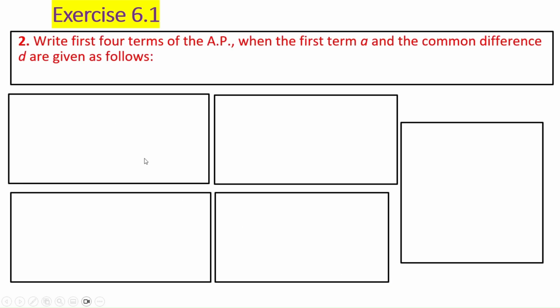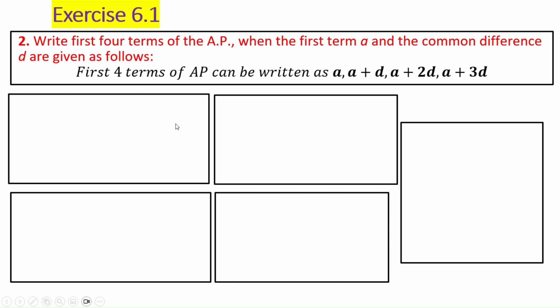Next, second question. Write down the first four terms of the AP when the first term A and common difference D are given as follows. The first four terms are written as A, A plus D, A plus 2D, A plus 3D. This is what the first four terms of an AP are, where A is the initial first term and D is the common difference.